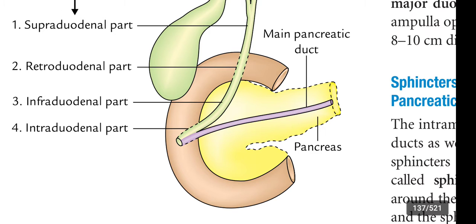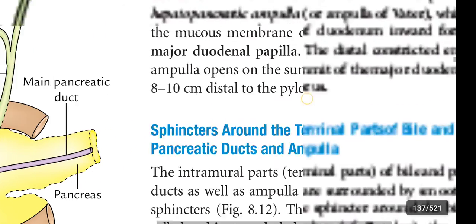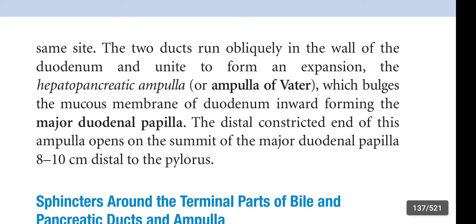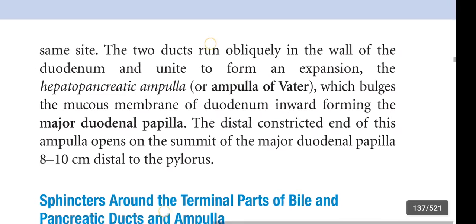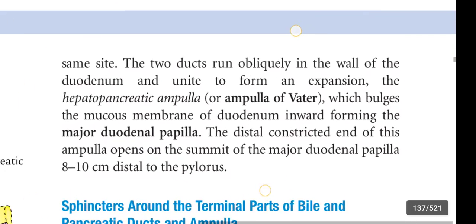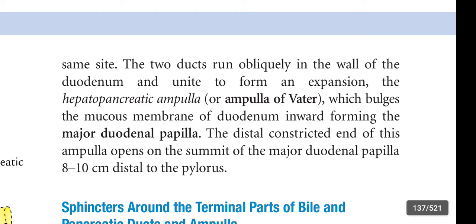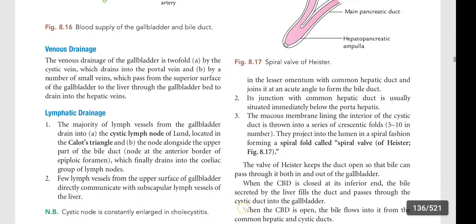This bile duct and the main pancreatic duct. These two ducts run obliquely in the wall of the duodenum and unite to form an expansion called the hepatopancreatic ampulla of Vater, which bulges the mucous membrane of the duodenum inward, forming the major duodenal papilla. The distal constricted end of this ampulla opens into the summit of the major duodenal papilla, 8 to 10 centimeters distal to the pylorus. I will show you the diagram of that.